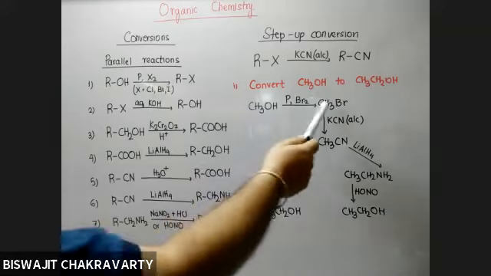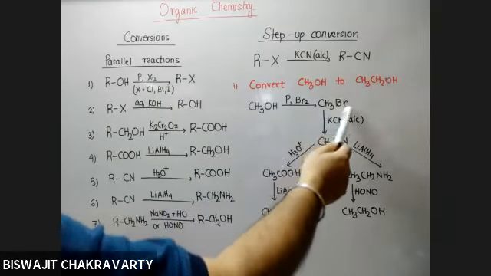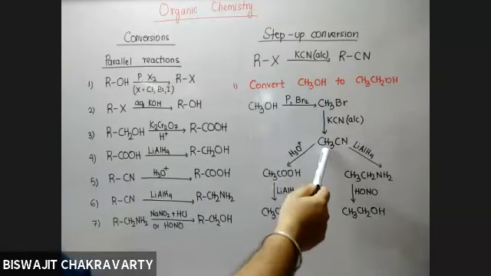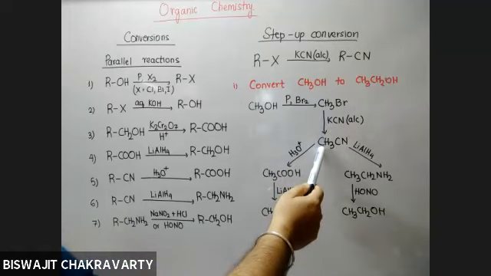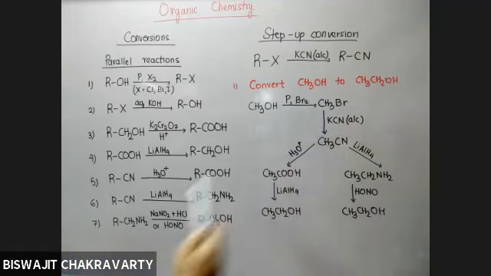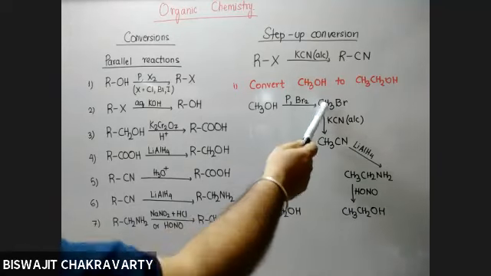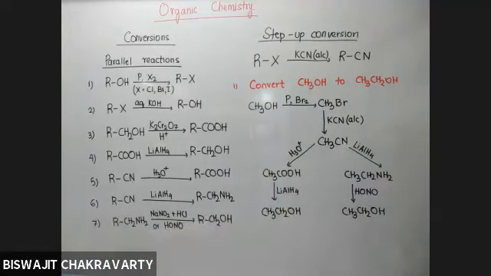Once we make it alkyl halide, we can increase the number of carbon atoms by adding potassium cyanide. Our main job was to increase the number of carbon atoms, and we have done that with the help of the alkyl halide.